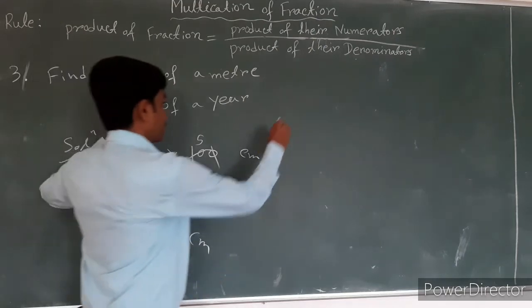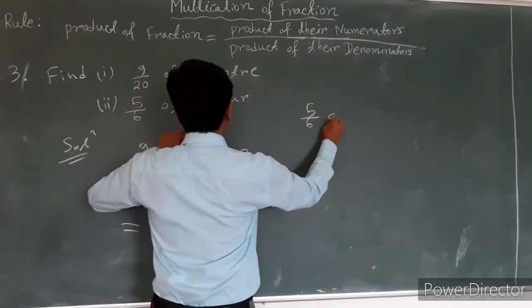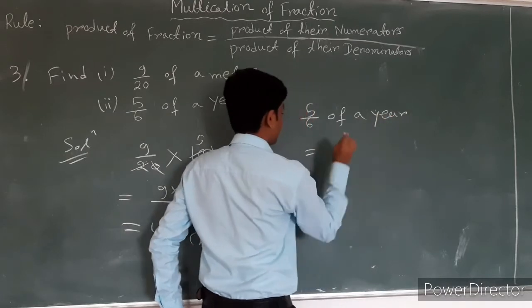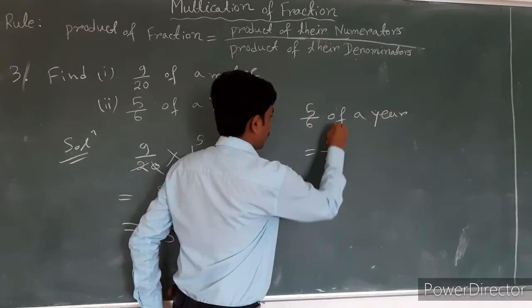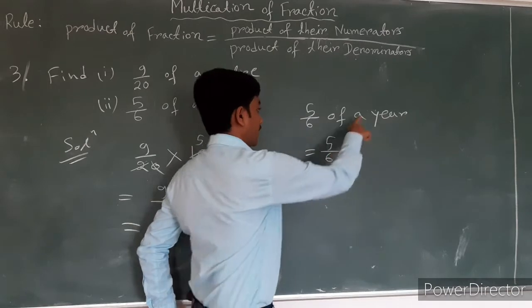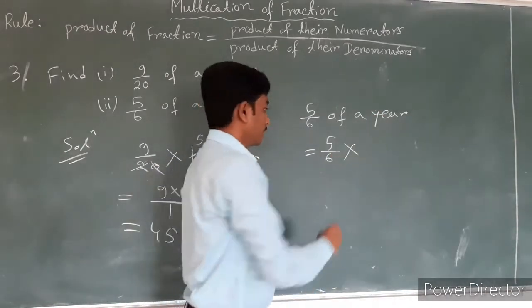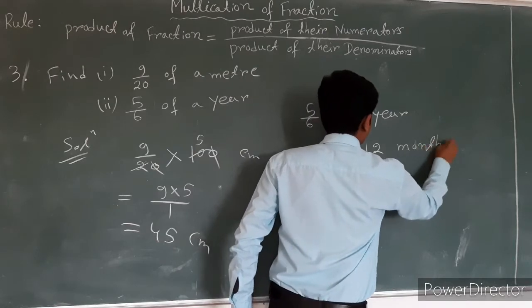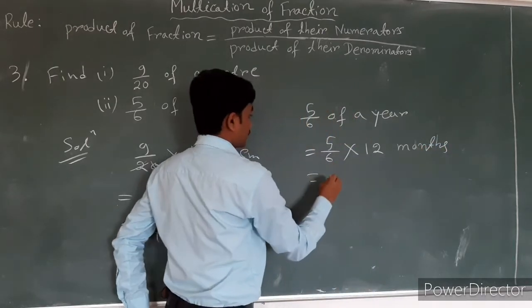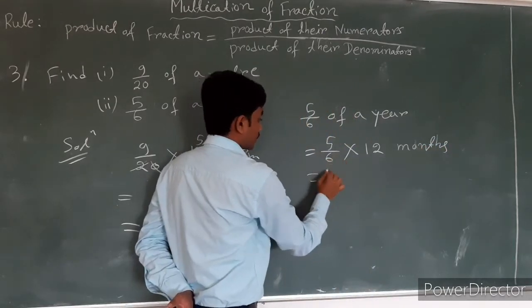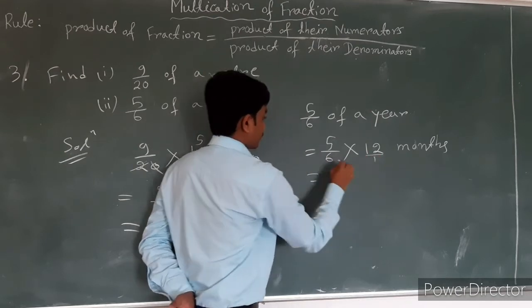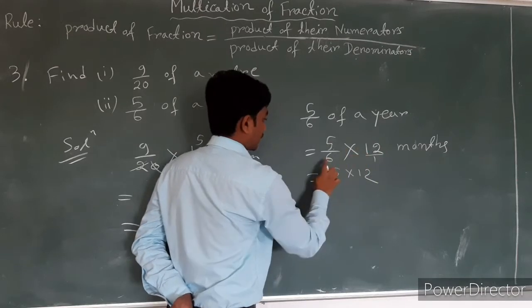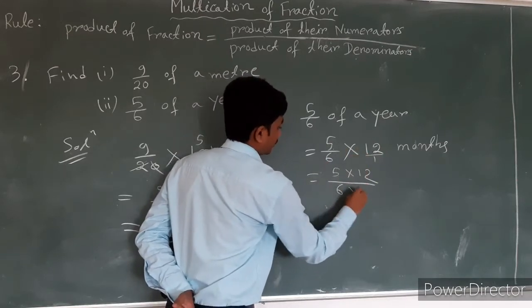Similarly, 5 upon 6 of a year is equal to 5 upon 6 of, meaning multiply, a year. How many months is a year? 12 months. So 5 into 12 upon 6, product of numerator upon product of denominator.